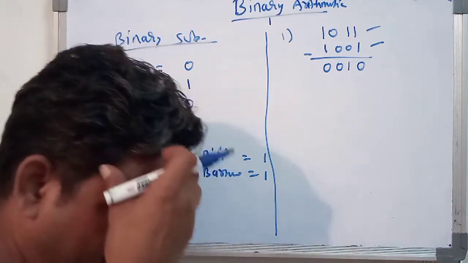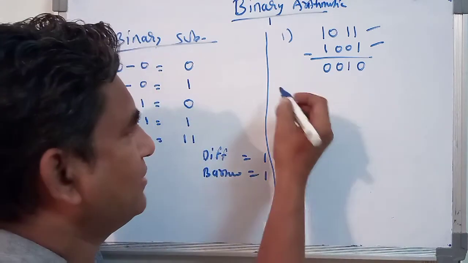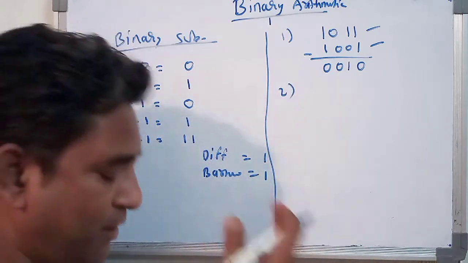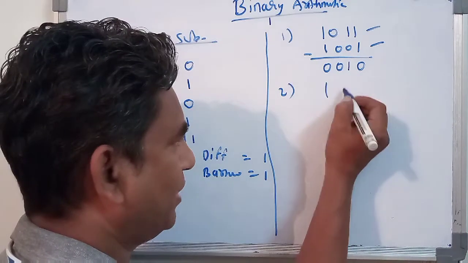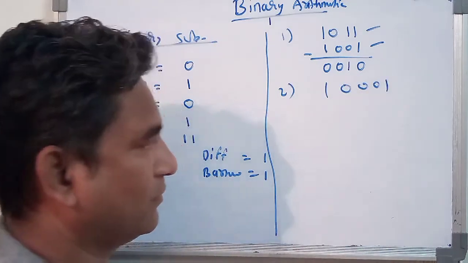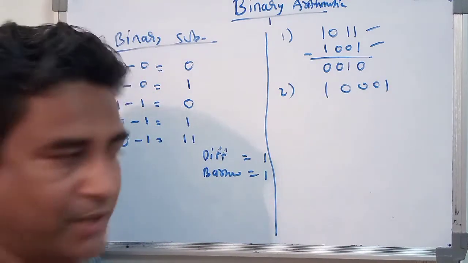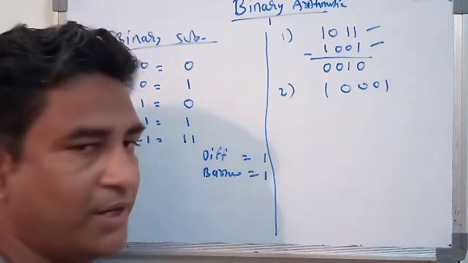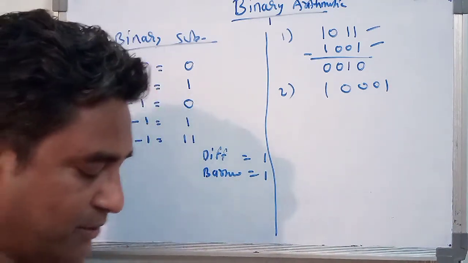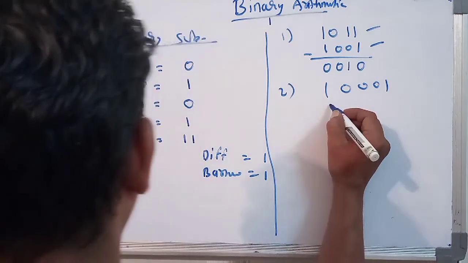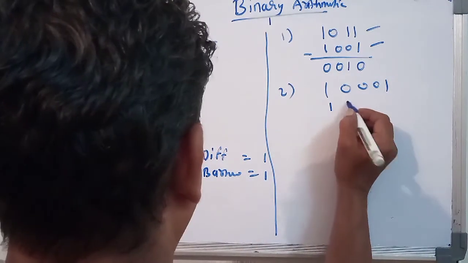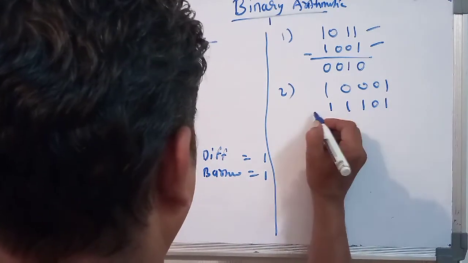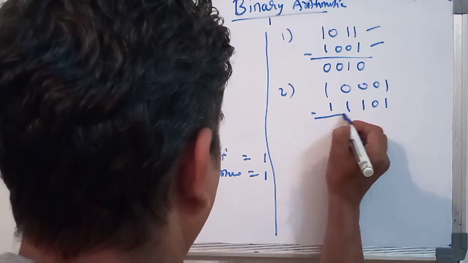Okay. Now consider the second example. Understand? The second example is like this, 10001. The first number I have taken as a 5-bit number, and the next number is again taken as 1 1 1 0 1. Here you will be getting the minus.